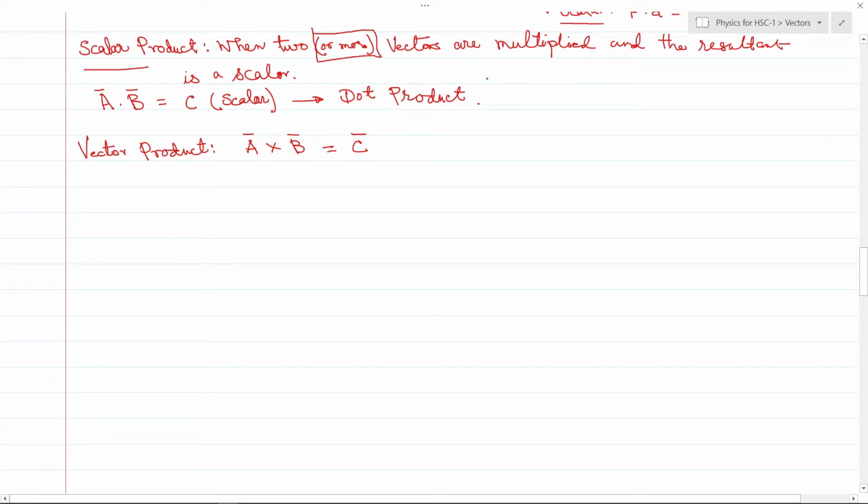Here A dot B, this result is a scalar quantity. This is equals to A B cos theta, where theta is the angle between A and B.